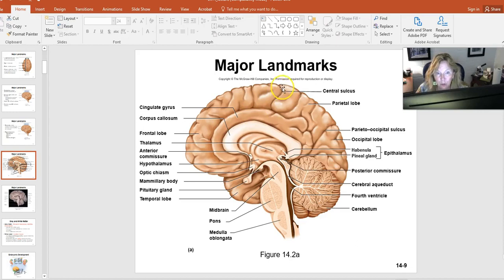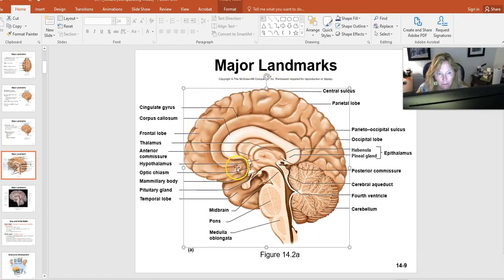The frontal lobe, which is all the way from the central sulcus, the central fold, to here. The frontal lobe is where personality, judgment, planning, all of those activities come from.